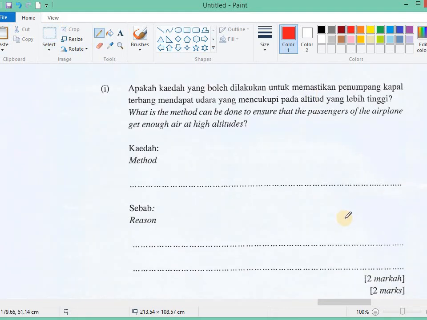Okay, what is the method that can be done to ensure that passengers of the airplane get enough air at high altitude? So how is it that you can make sure that you get enough air? You can pump more air into the cabin.